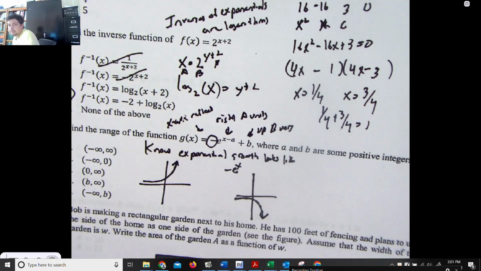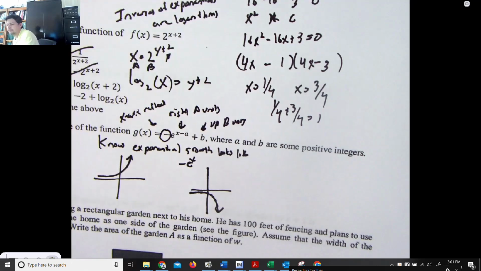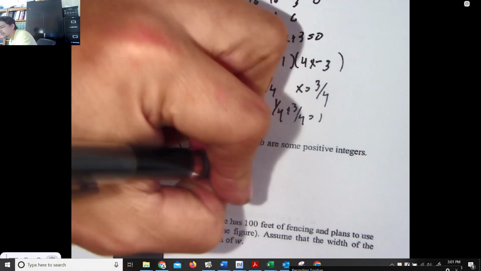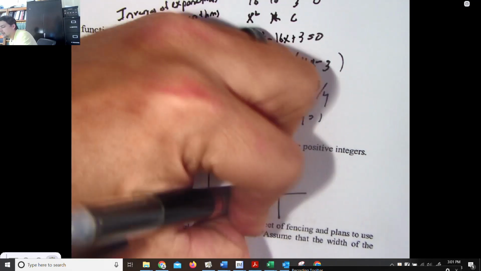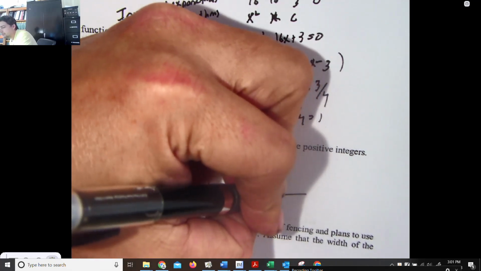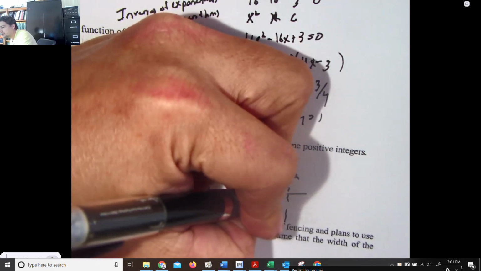If I shift it right, if I do negative e to the x minus a, all I can tell you is that the thing got moved right a units. Still looks like this.